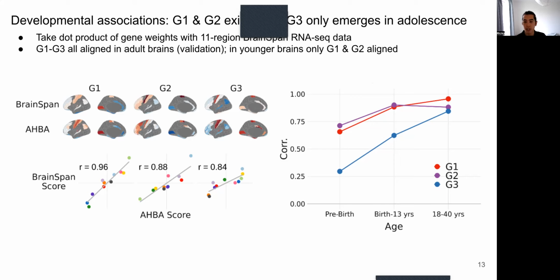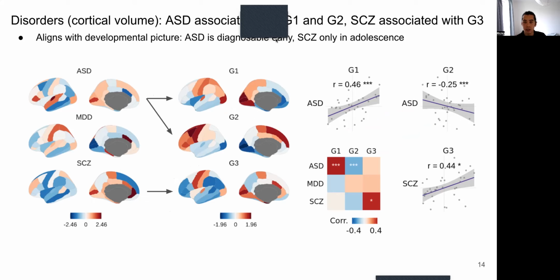What's super interesting is that if we take a disorder data set of imaging maps, here cortical volume changes in 3 disorders, we find that autism spectrum disorder seems spatially associated with both the first and second gradients of gene expression, whereas schizophrenia is associated with the third gradient. That makes sense because autism is diagnosable early in development, and G1 and G2 are stable early in development, whereas G3 emerges in adolescence, which is also when schizophrenia becomes diagnosable.